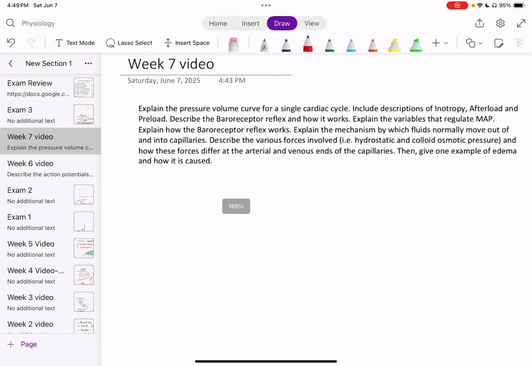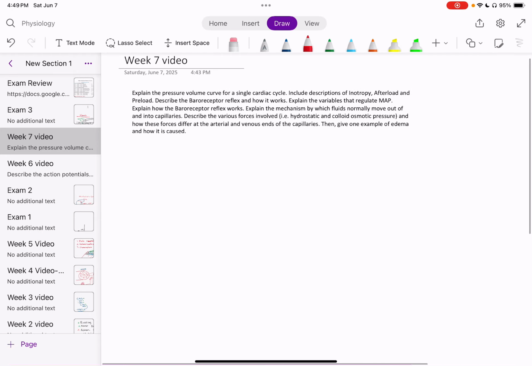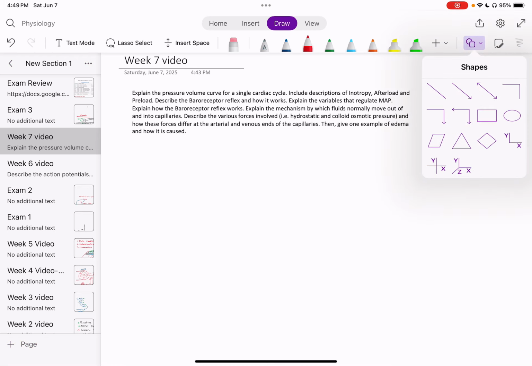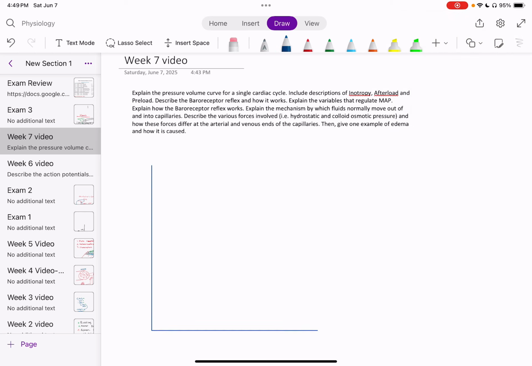We are first going to start talking about the pressure volume curve for a single cardiac cycle. So I'm going to start and draw a little graph here. And this is pressure versus volume.